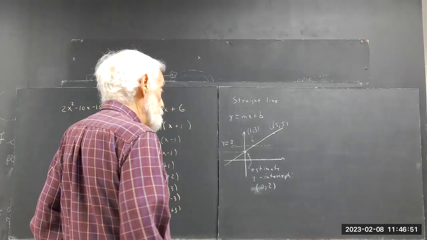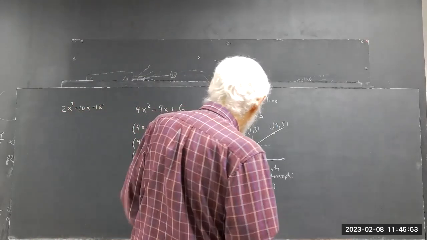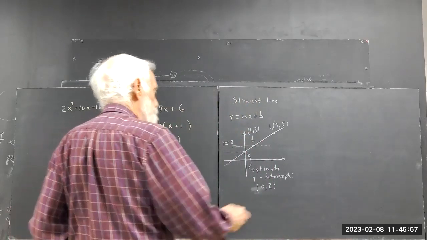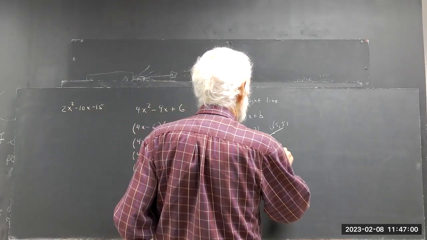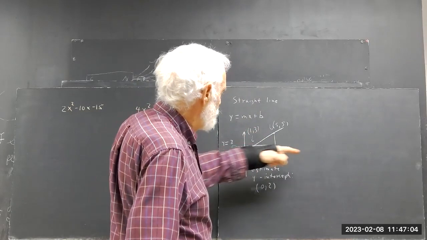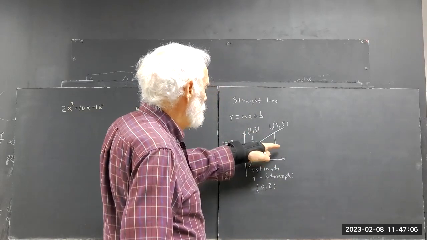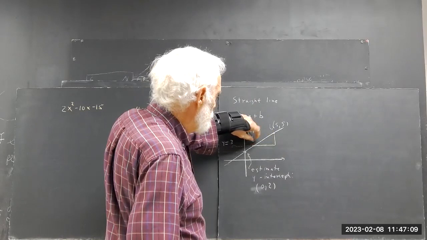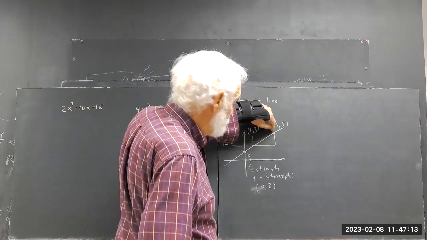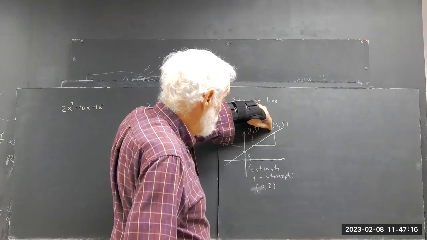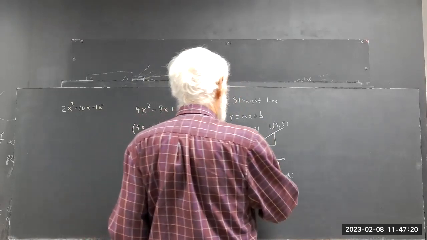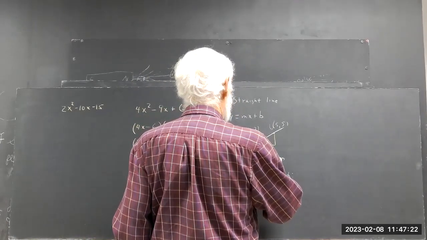Then the equation would be, well, we have to find the slope. How do we find the slope? We're going to draw a horizontal leg and a vertical leg and a triangle whose hypotenuse is the 2 points. So the triangle has vertices here and here. It has a run, it has a rise, and it's easy to calculate the rise and the run.